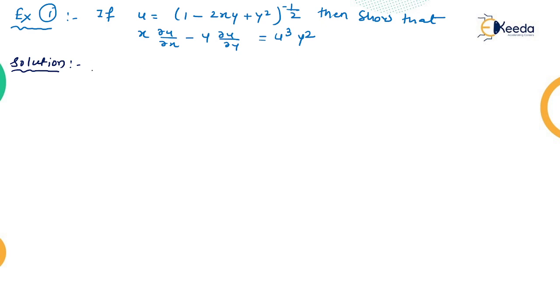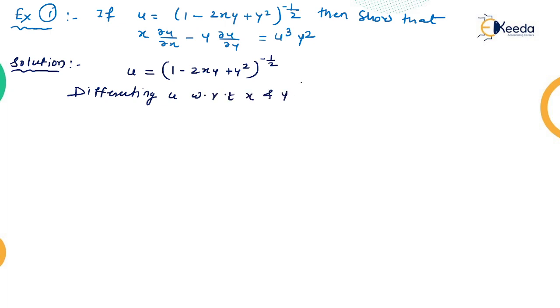I am writing the given term as u equal to (1 − 2xy + y²)^(−1/2). Now differentiating this u with respect to x and y, but taking what type of differentiation? Partially.